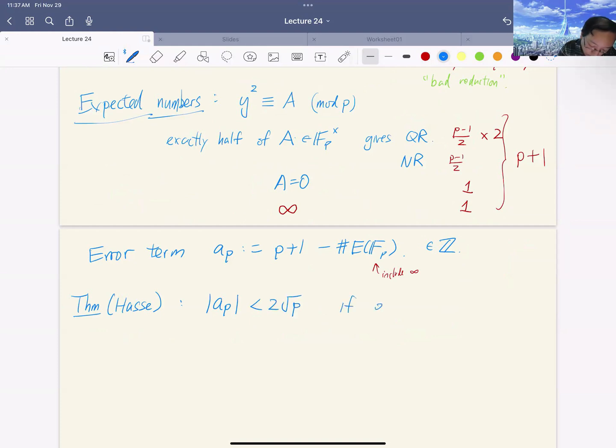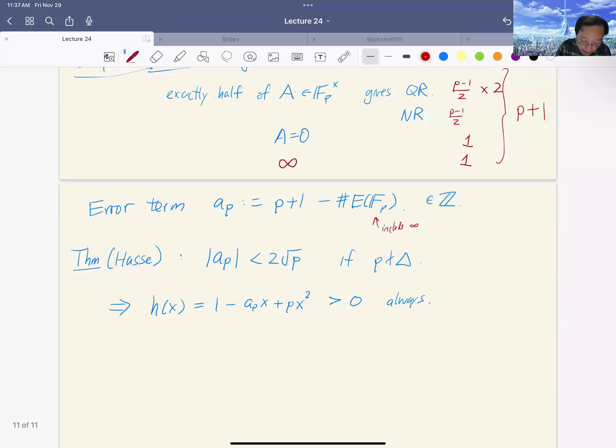If the curve is nice, if p is nice, then this error is pretty close. It is just a square root away from the actual expected number. And in particular, this will imply that this polynomial, 1 minus a_p x plus p x squared, is bigger than 0 always, because the discriminant is negative and it cannot be 0.